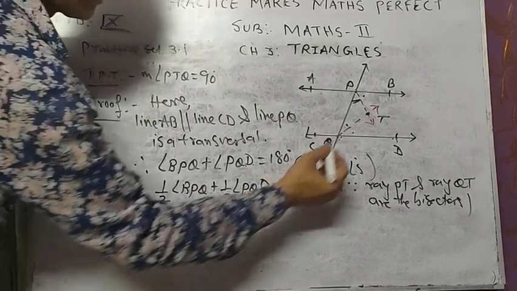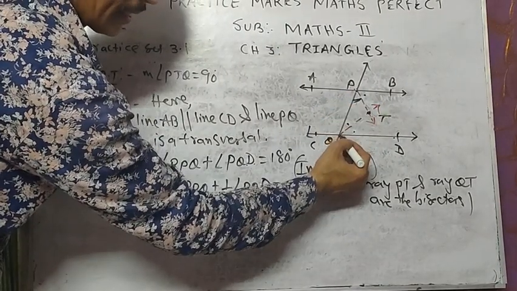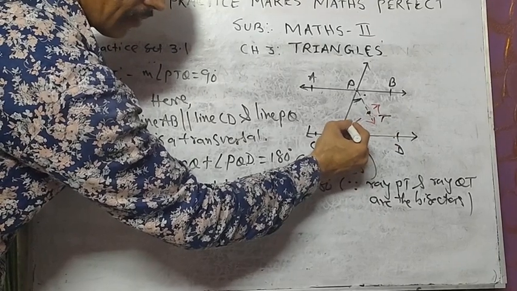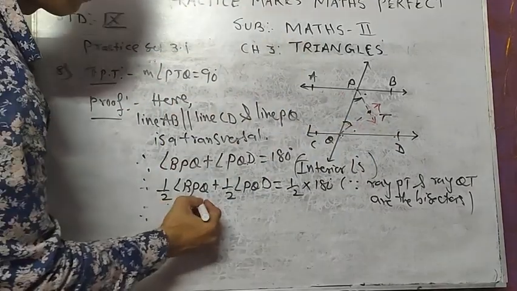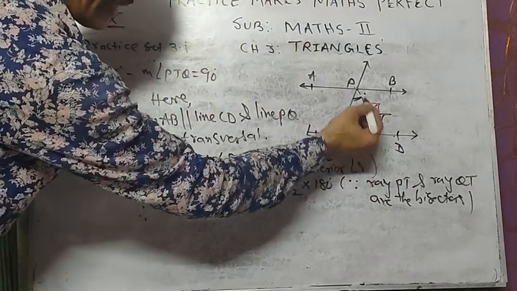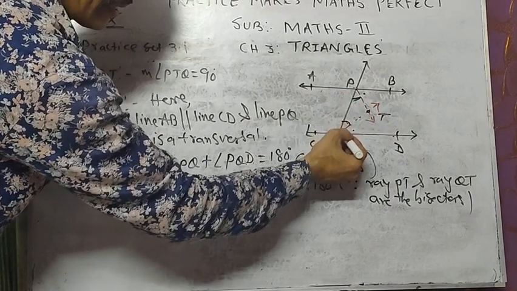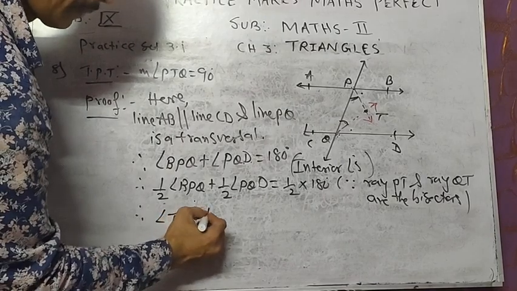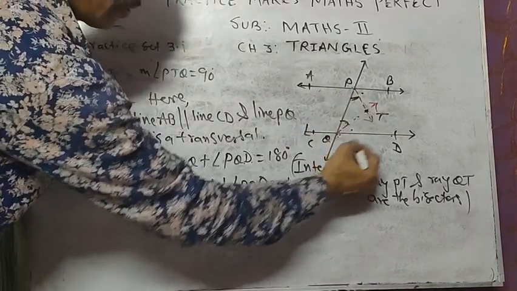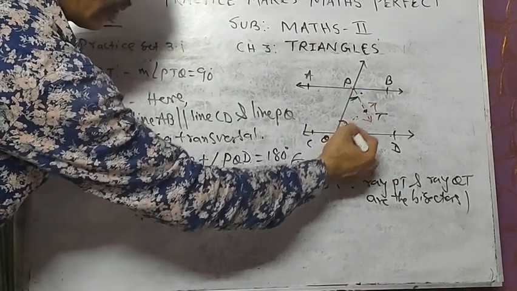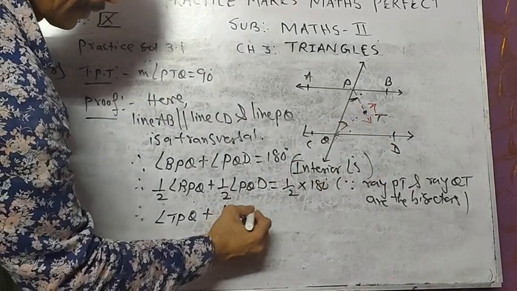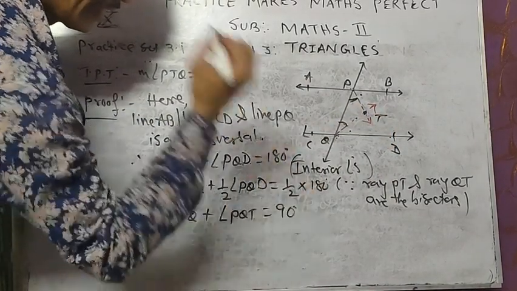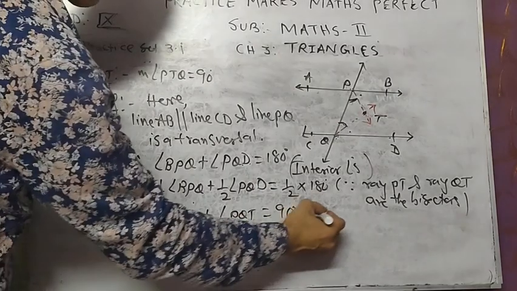So half of angle PQD we will select angle PQT. This angle we will select. So half of BPQ means angle TPQ. Angle TPQ plus angle PQD, half of PQD means PQT is equal to 90 degree. Okay, view number 1.